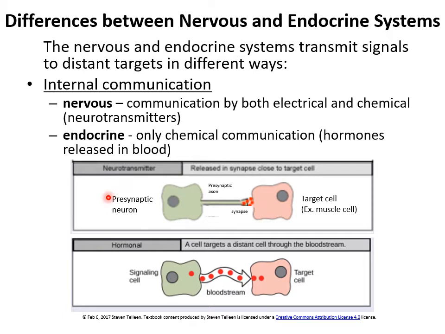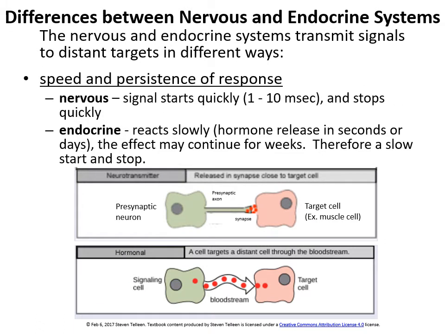So because these are two very different types of modes of communication, they each have their strengths and their weaknesses and are optimized for different purposes. So, for example, let's talk about the speed and the persistence of a response.